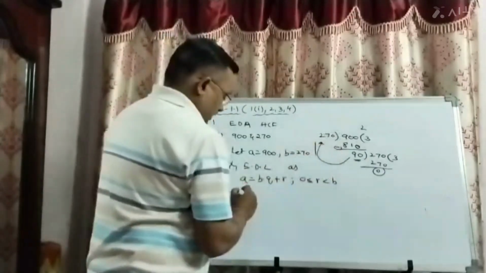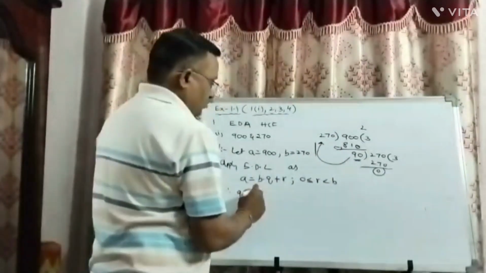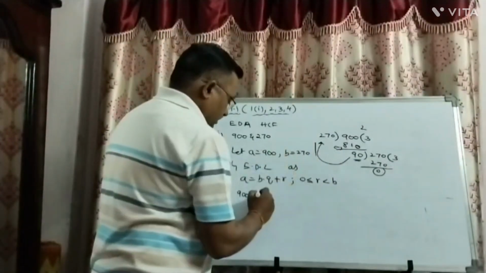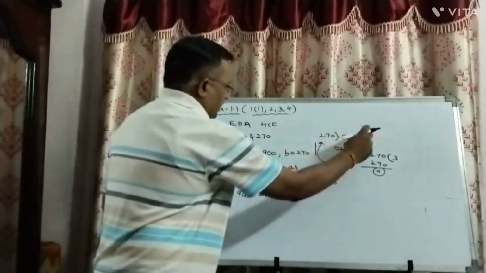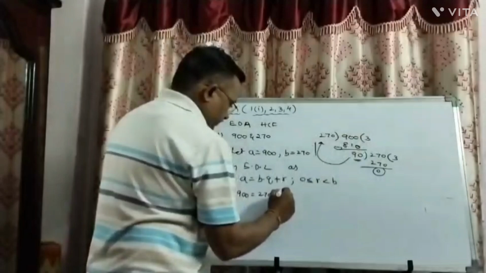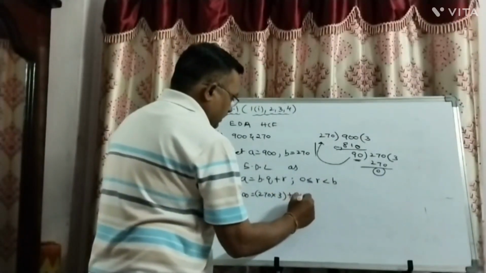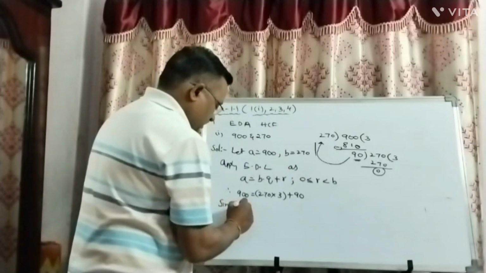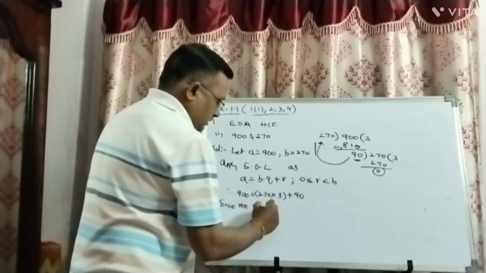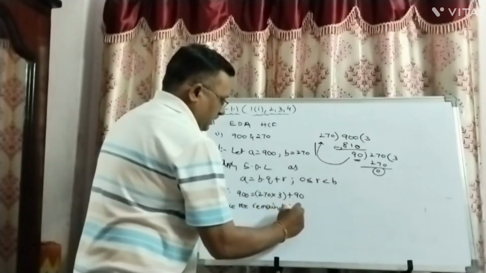So by this, the first step gives you 900 is equal to, b is the divisor, 270 into 3 plus remainder 90. Clear?